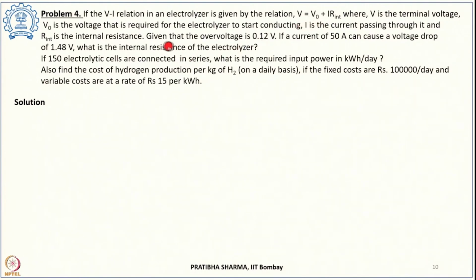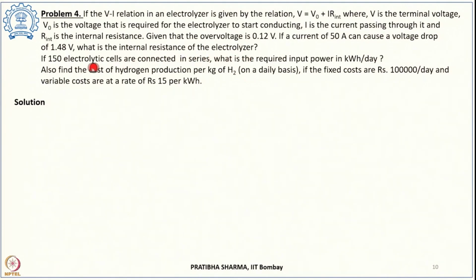It is also provided that the over voltage is 0.12 volt and a current of 50 amperes can result in a voltage drop of 1.48 volt. We need to find out, under these conditions, what is the internal resistance of the electrolyzer.